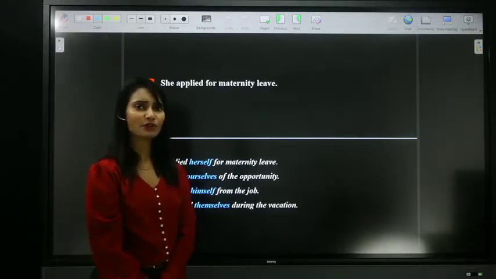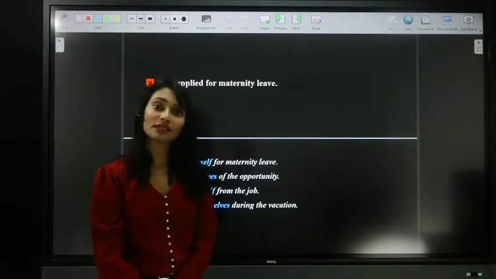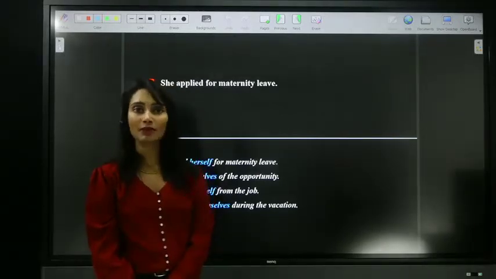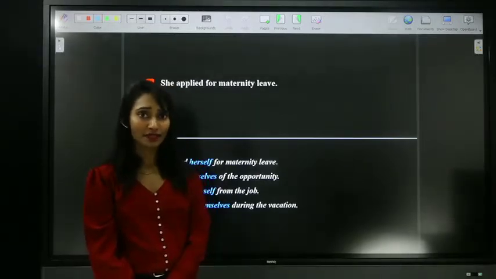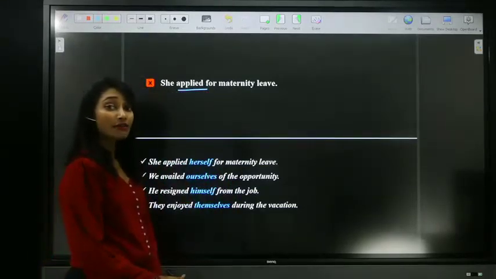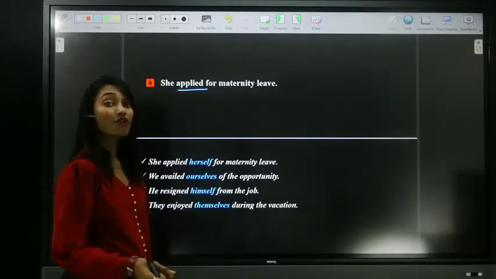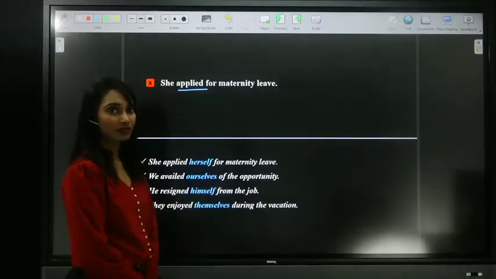See, I have given you a list of verbs which are followed by reflexive pronouns, and a list of verbs which are not followed by reflexive pronouns, right? See, apply is in the list of verbs which are followed by reflexive pronouns, right?